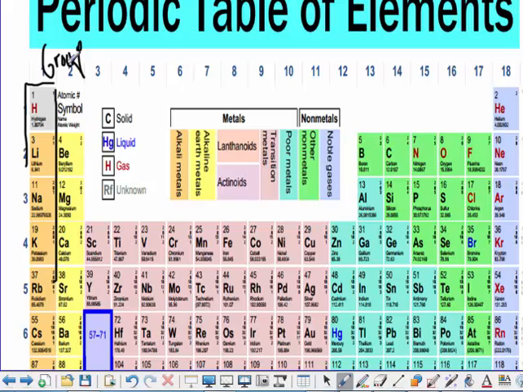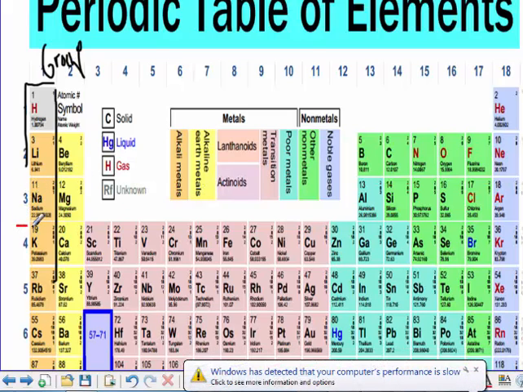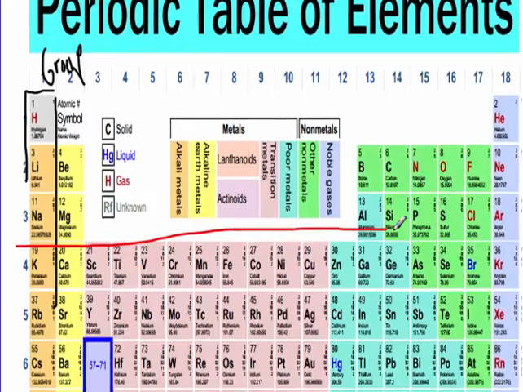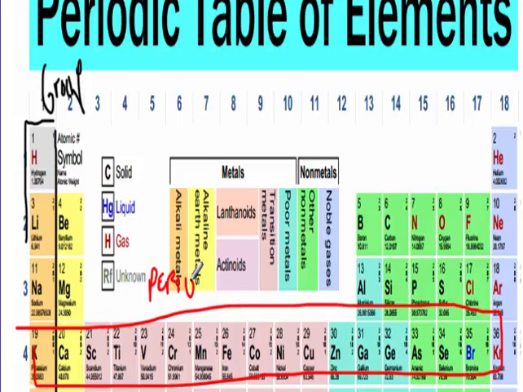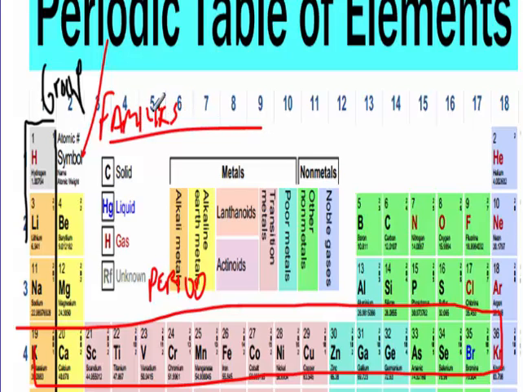Anything in the same row, going across, we call a period. These groups can also be called families.